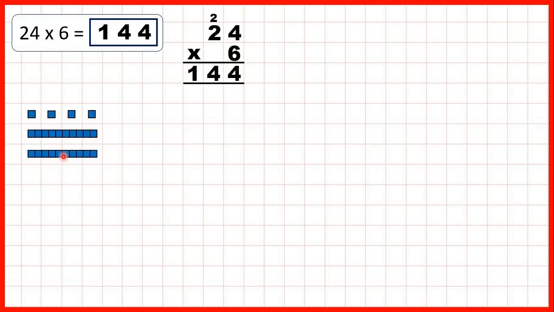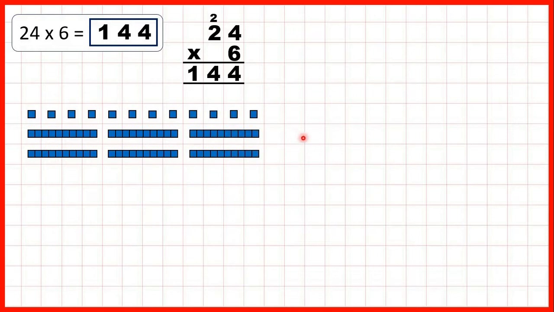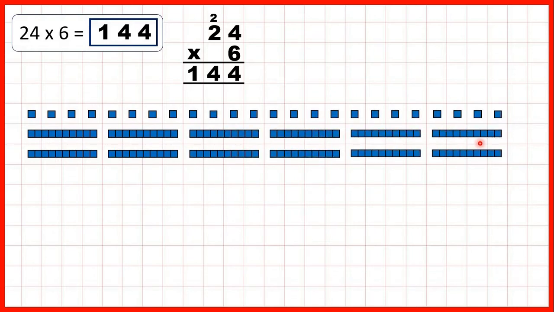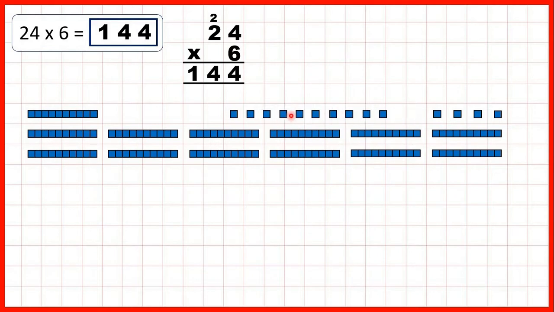First, we had 24 times 6. So we can represent 24 with 2 tens and 4 ones. We're multiplying by 6, so we can show the 24 six times. Now doing that means that we have 24 ones, but we can regroup. When we have 10 ones, we can regroup those to make one 10, and here we can do that twice.